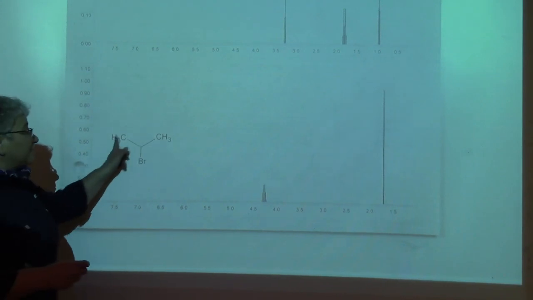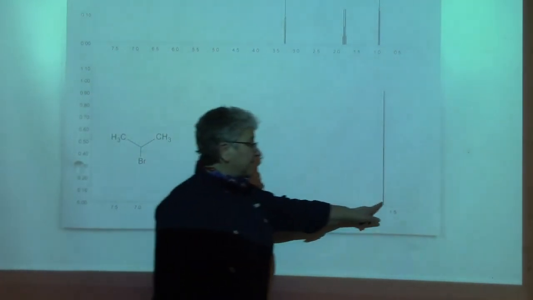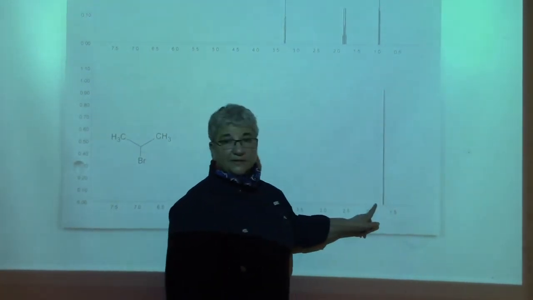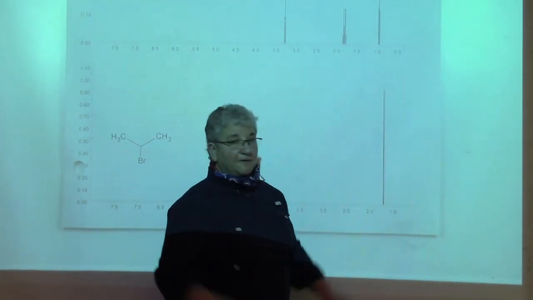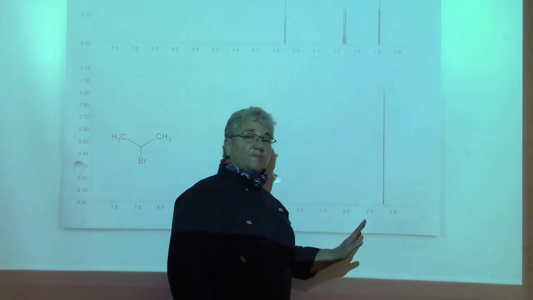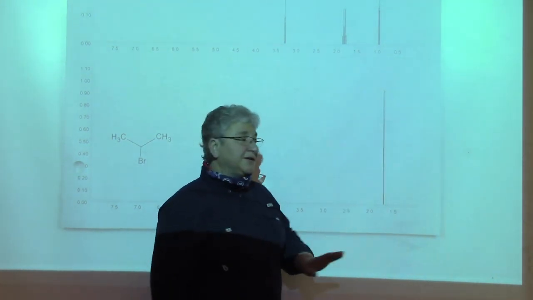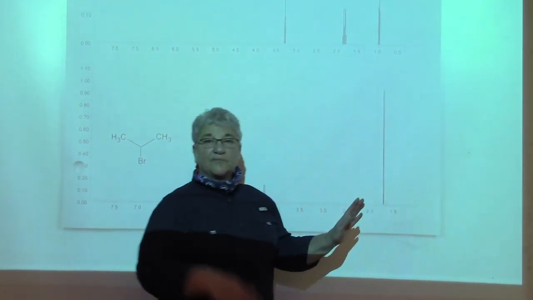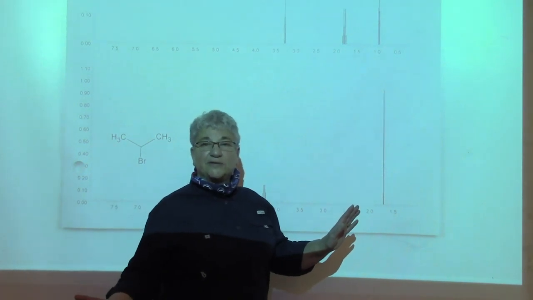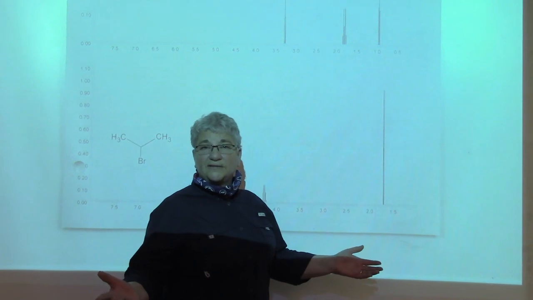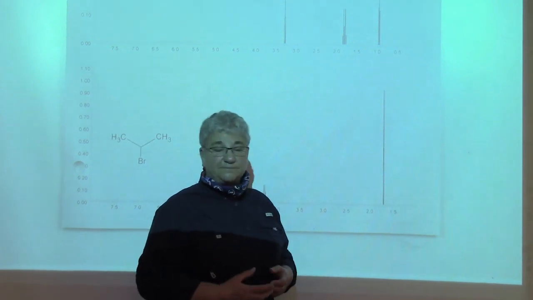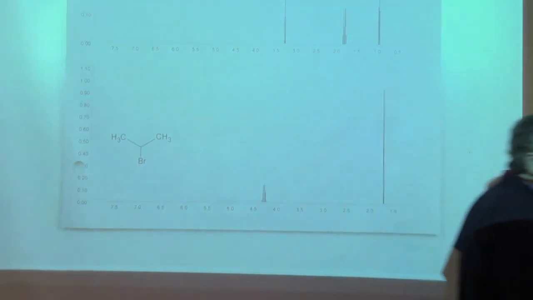So these methyl groups show up as a doublet, 2 equivalent peaks. So I have a doublet if I have 1 neighbor. I'm a triplet if I have 2 neighbors. I'm a quartet if I have 3 neighbors. I'm a multiplet if I have really anything more than that. And I'm a singlet if I have no neighbors.